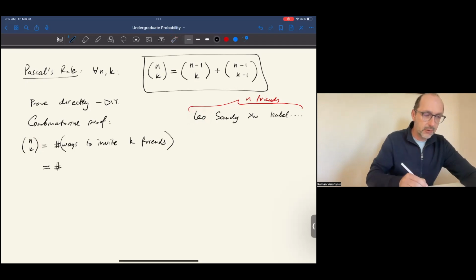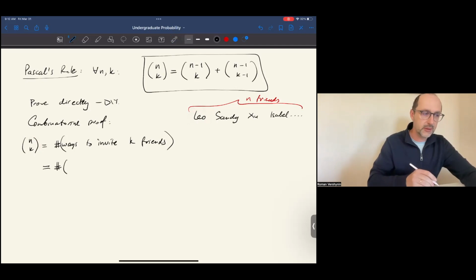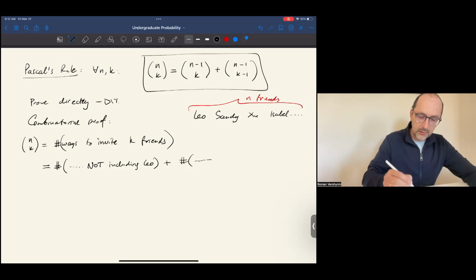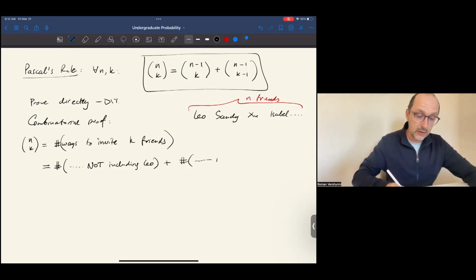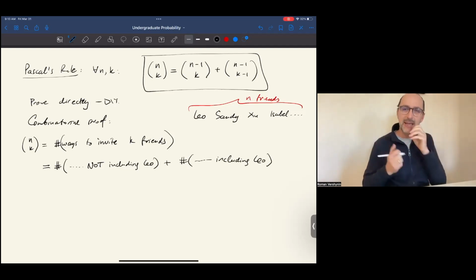So the number of ways to invite the friends breaks down into 2 quantities. First, the number of ways to invite the k friends, not including Leo. And then the number of ways to invite the k friends for the party, including Leo. So we just break down the total number of ways into 2 possible cases.